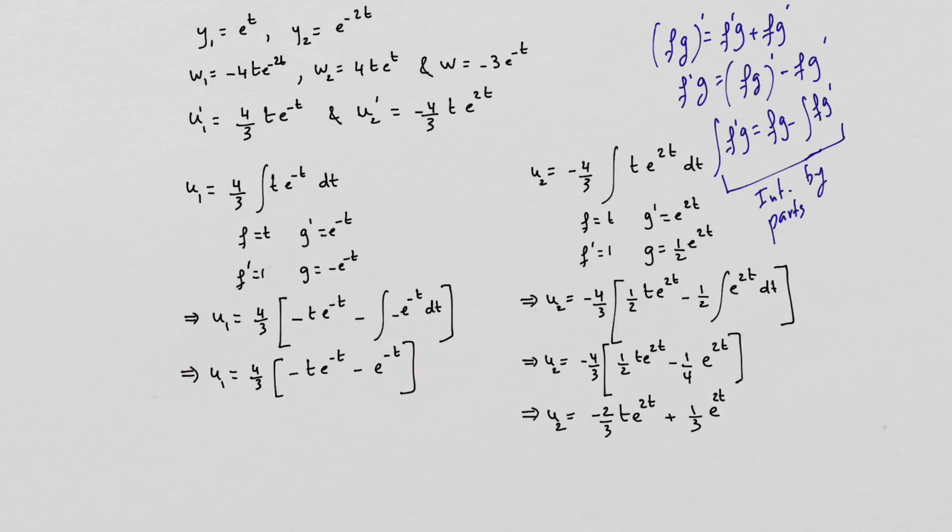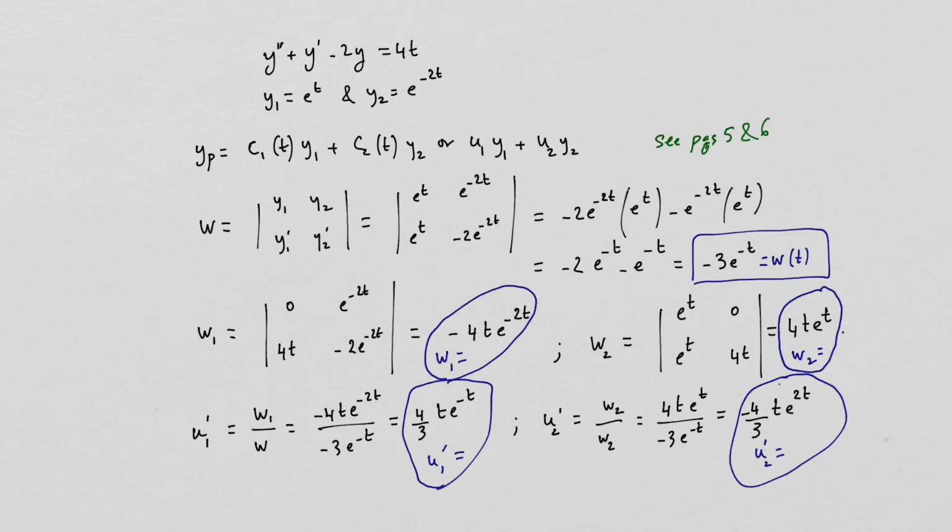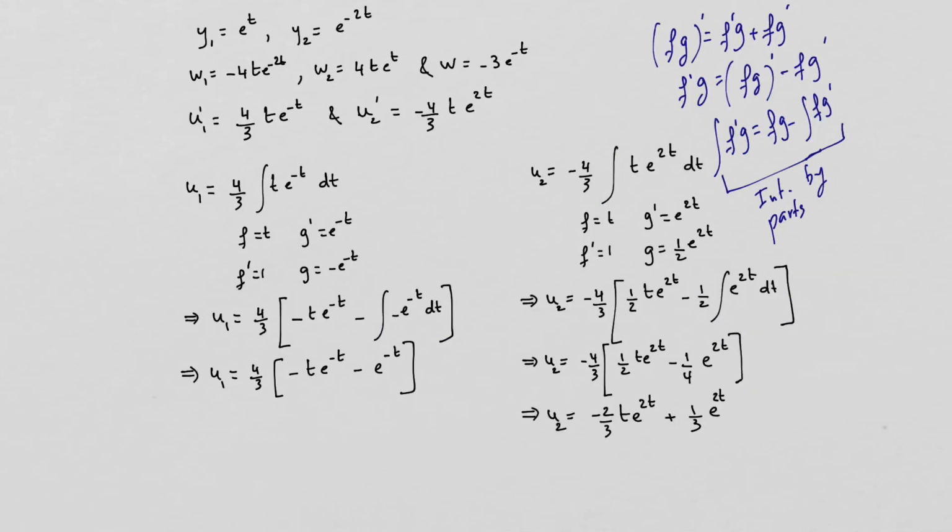And it looks ugly, but you'll be surprised something's going to happen. Because remember, we're going to multiply u1 by y1. And when we find u2, we're going to multiply it by y2, okay? So don't lose hope here. Things are going to get nice.